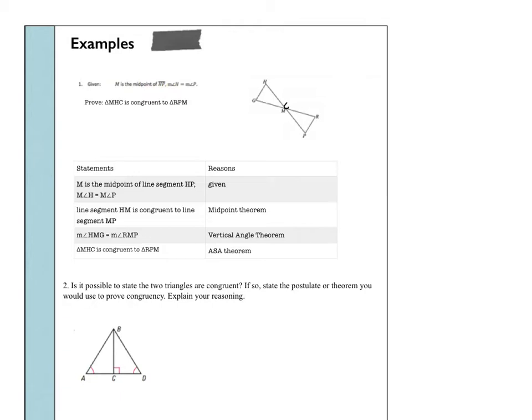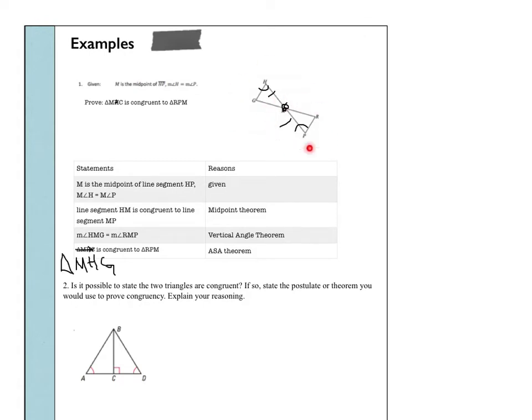So M is my midpoint, and measure of angle H is congruent or equal to the measure of angle P. We want to prove that triangle MHG is congruent to triangle RPM. There.